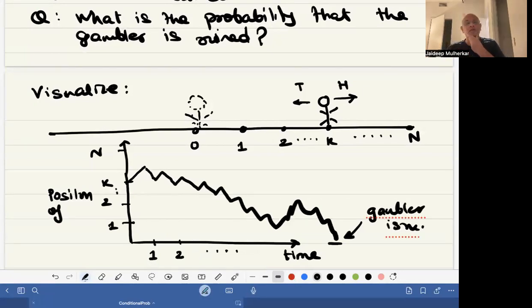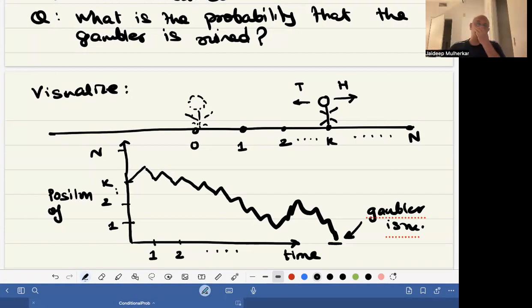Okay, so what does this have to do with conditioning? As it is, it's not a very easy problem to solve. The idea would be to compute all possible paths that land on the origin and compare them to the total number of paths.